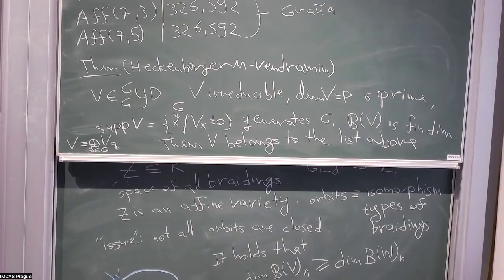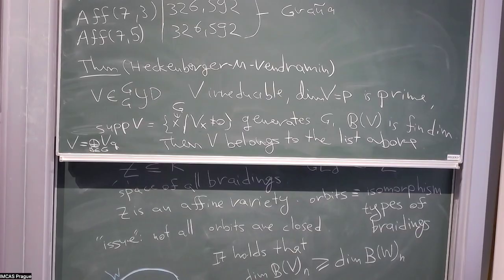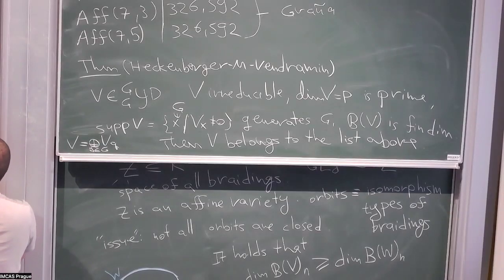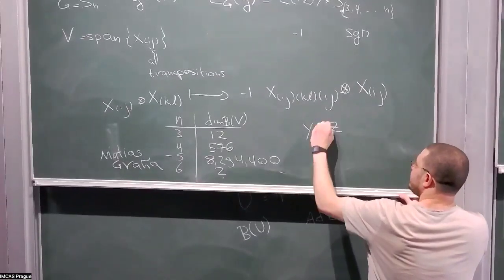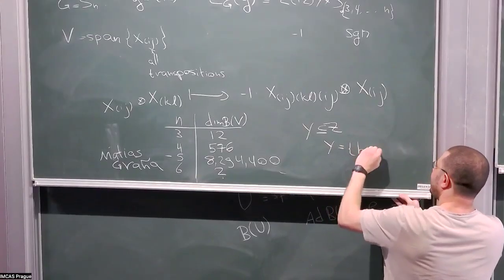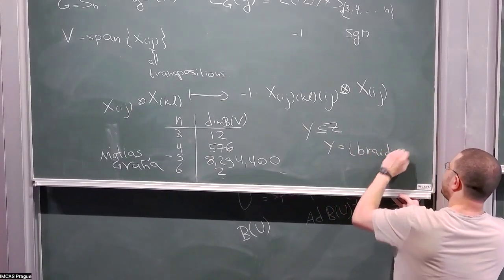Okay, so this is something that I'm trying to work out now together with Ben Martin from Aberdeen. I can tell you some things that we know how to prove already. So, for example, inside this Z, you can look at Y, and Y is going to be all the braidings of diagonal type with respect to some bases.